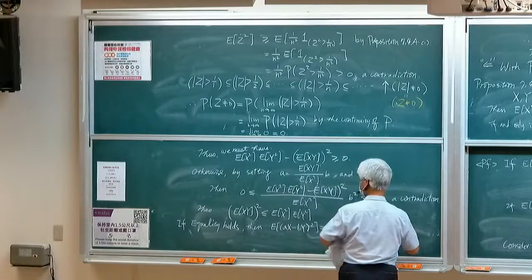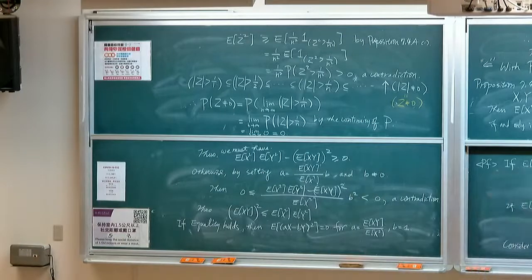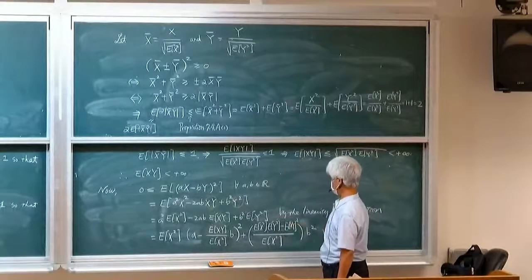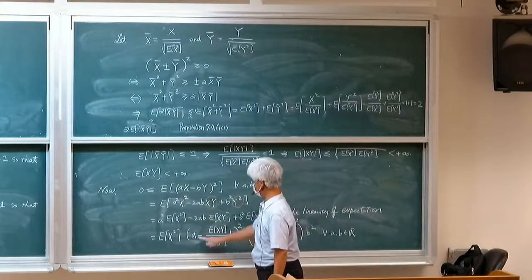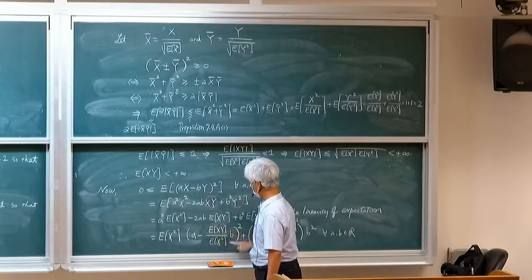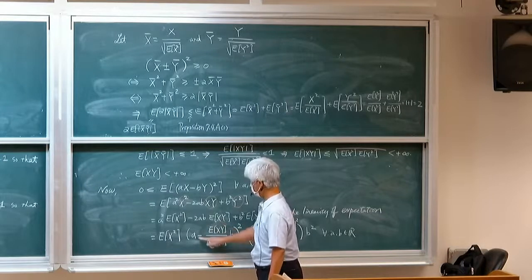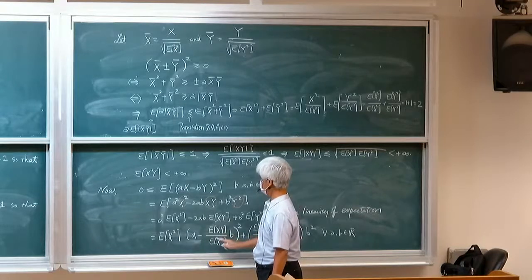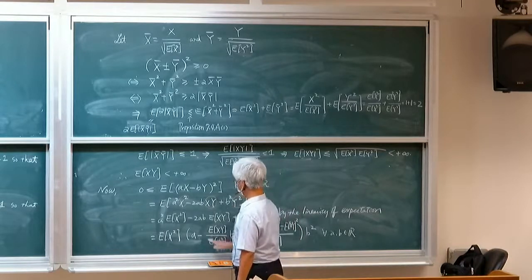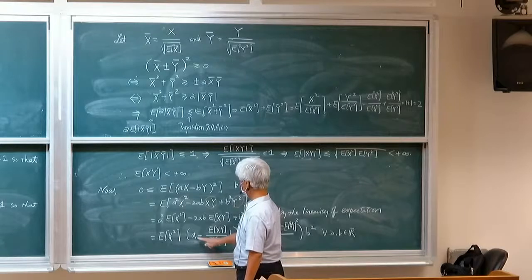Yeah. Okay. So now if the numerator is 0, so this is 0, right? And if we let a equal to this one, b can be arbitrary. So we assign b equal to 1, and a is just this quantity.